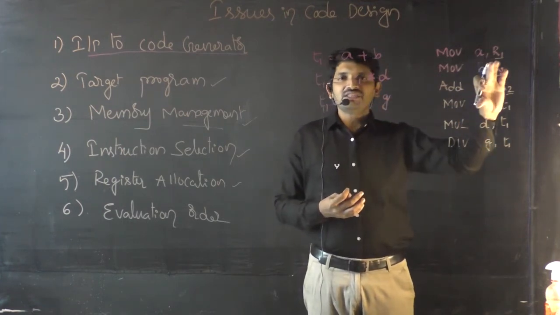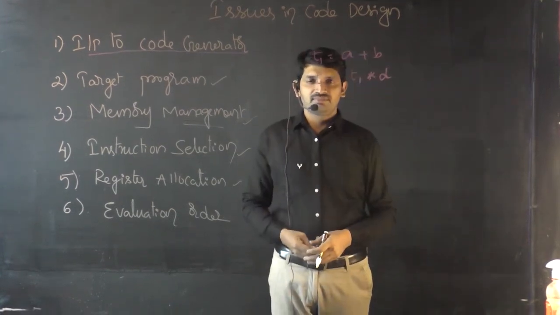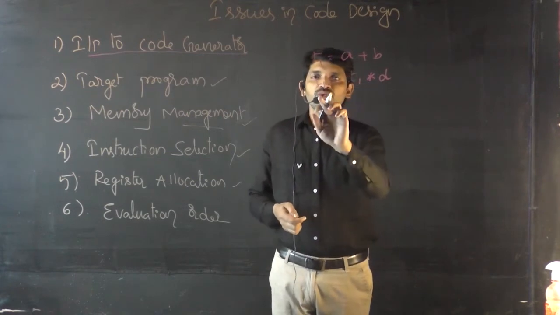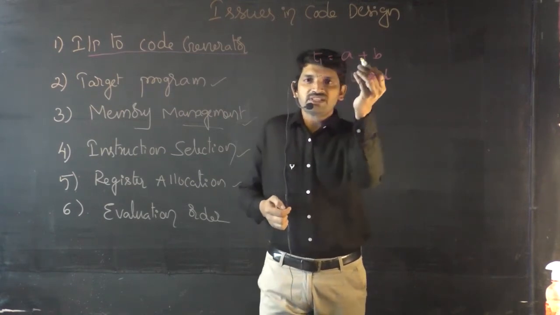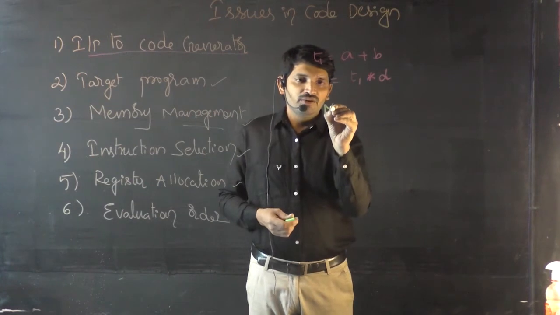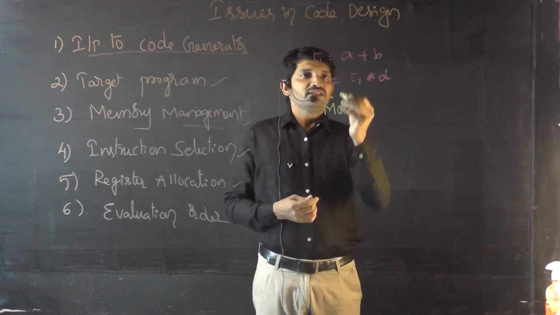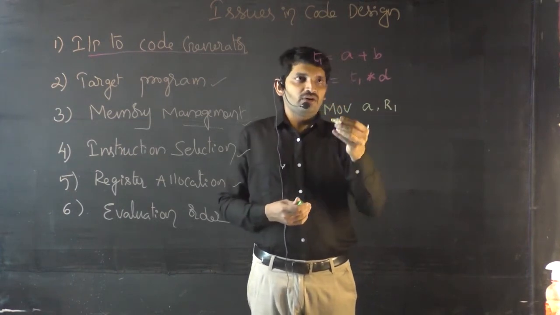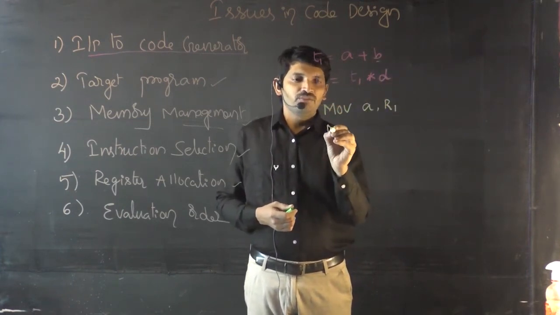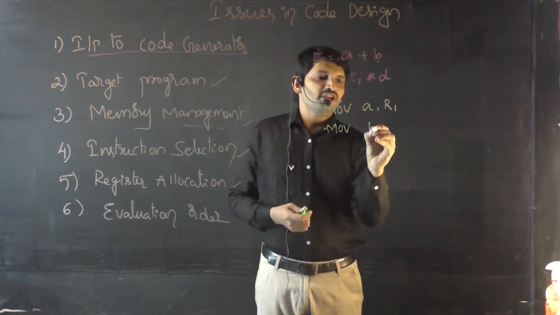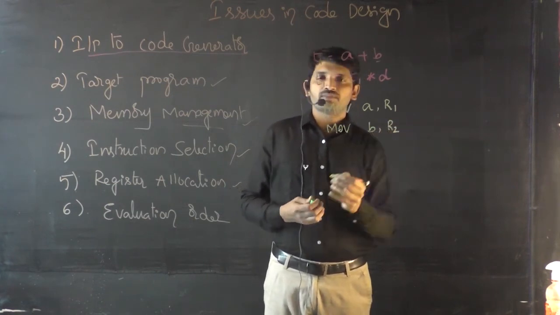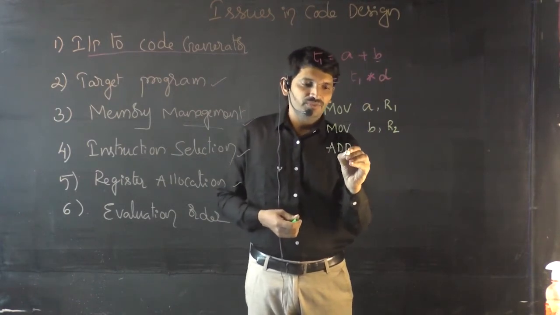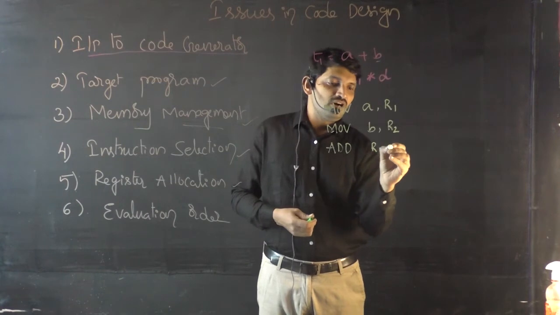Let us say this is the basic example. Let us take this example: T1 equal to A plus B, and T1 into D. First I apply the operation to move the value of A to register R1. Now I move B to R2. Now I perform the addition operation, ADD R1, R2.